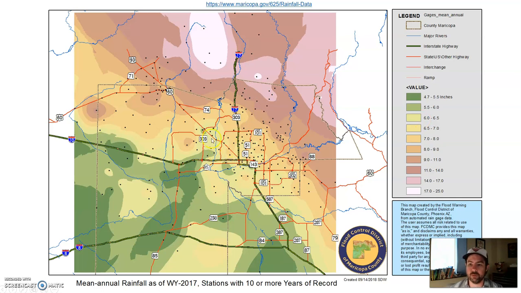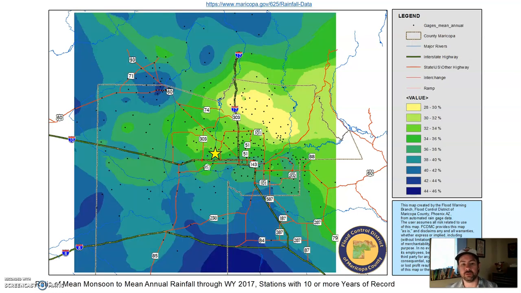As you get more north of Phoenix, those numbers go up. But as far as Maricopa County, on average, around 9 inches or so. So let's just focus on Avondale. So again, about 6 to 6.5 inches on average for our particular city, where Estrella Mountain is, which is right there. However, how much of this rain do we get during the North American monsoon?